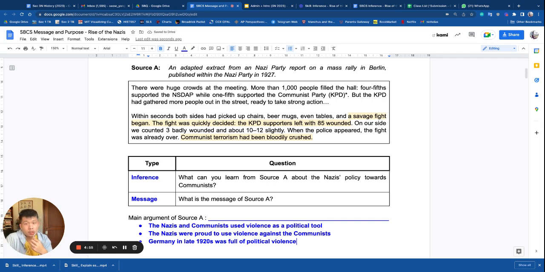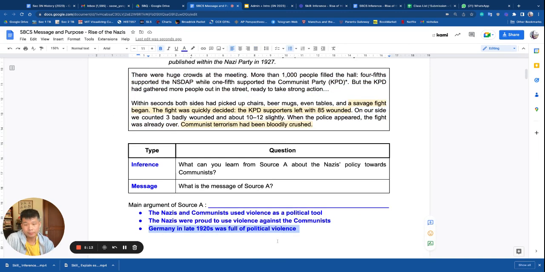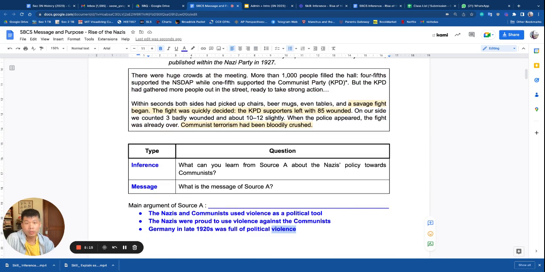So if I were to look at the source, these ideas come out, but perhaps the most important idea would be the combination of the first two, because the first two ideas sum up the whole source, whereas the third idea only looks at this part of the source.